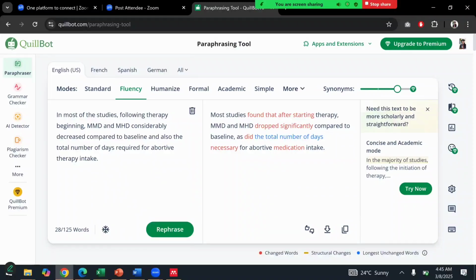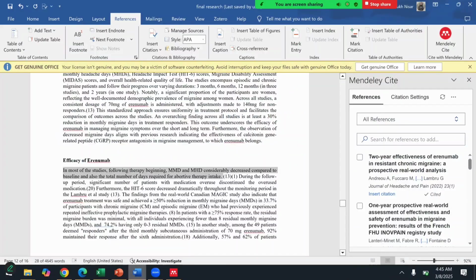So in paraphrasing, it would just change the wording with the same result, and then you can paste it in your article wherever you are writing the discussion section. After pasting, you would give the reference of that article where you took that line from. And then in the second study, for example, the second study says that a significant number of patients with medication overuse discontinue the overused medication.